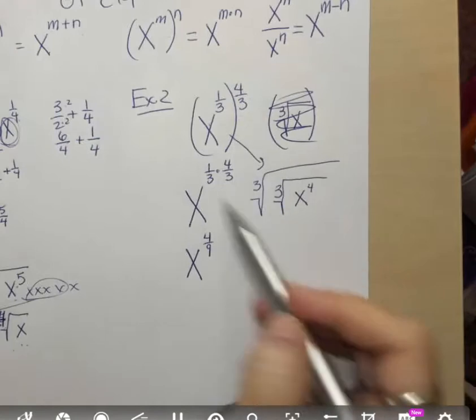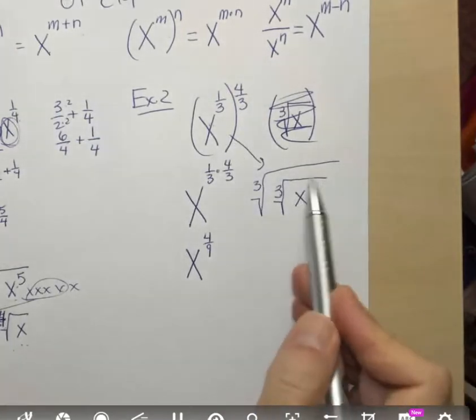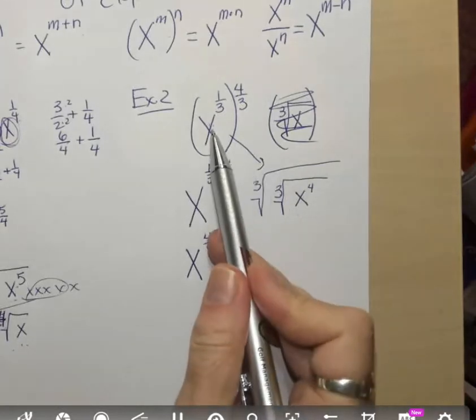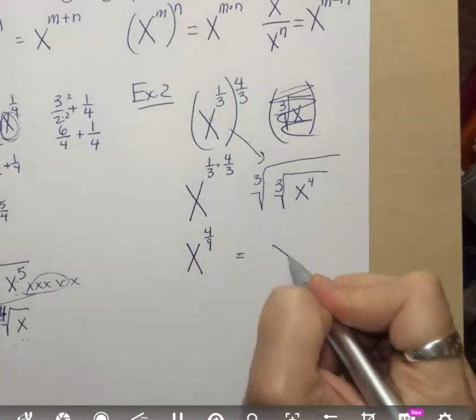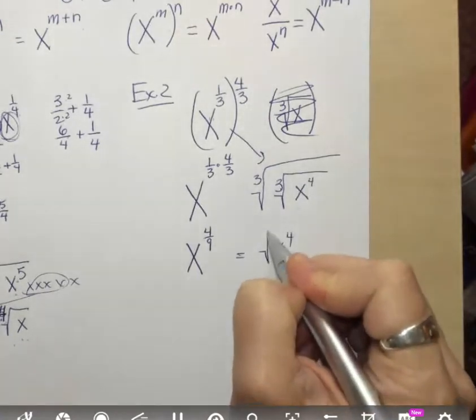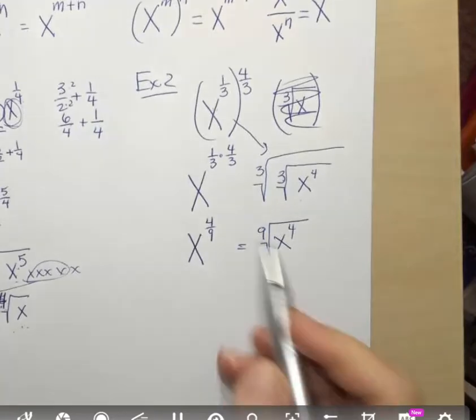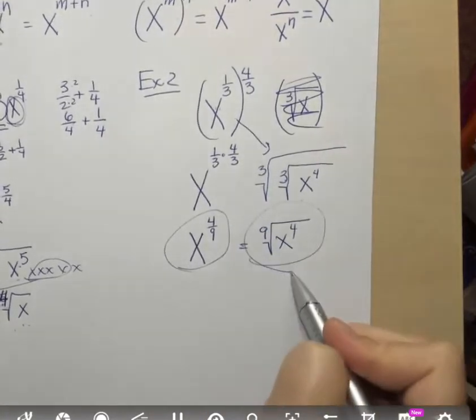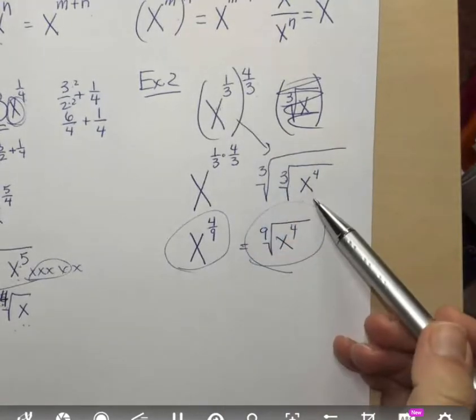So that is really what this problem is saying. So if I were to take this and put it in exponent form, I can easily figure out that that's going to equal x to the 4th, the 9th root of x to the 4th. So either of these would be equivalent, and these two problems are equivalent.